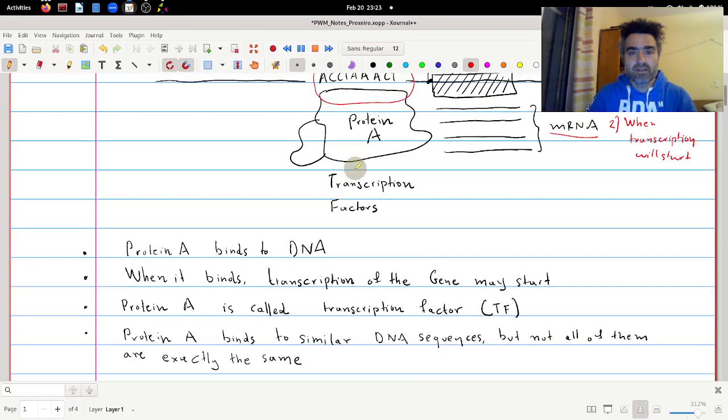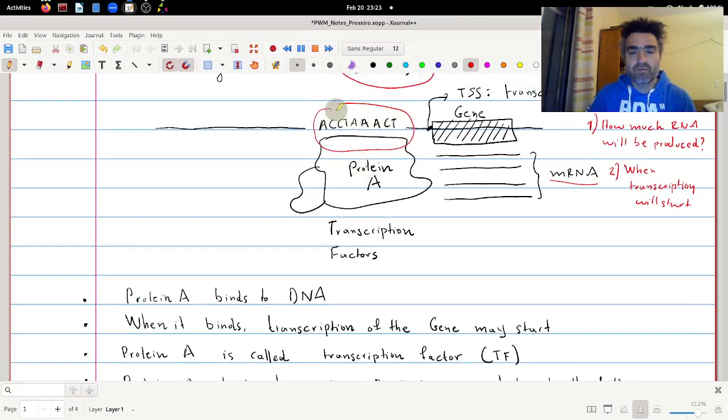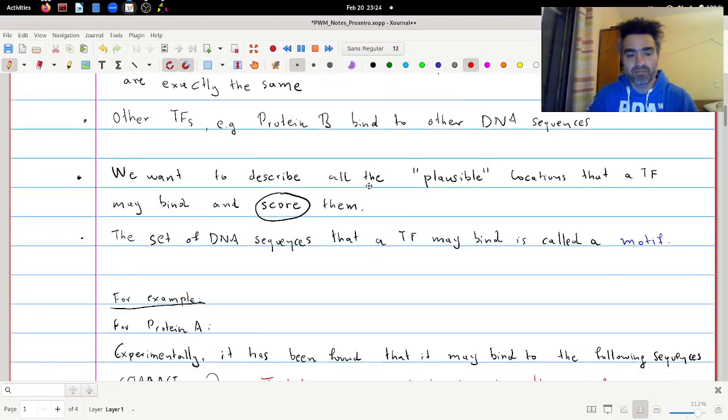Since the set of DNA sequences that this protein can bind to do not match 100% to each other, but some differences are allowed, we say that this protein can bind to a motif, not to a sequence, because a motif incorporates several different sequences that match each other. You will see that in a minute what I mean.